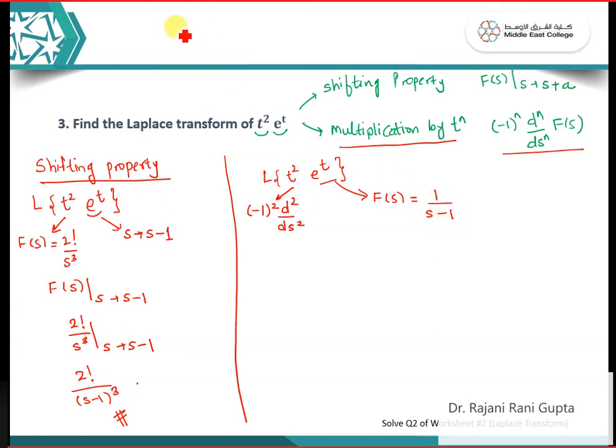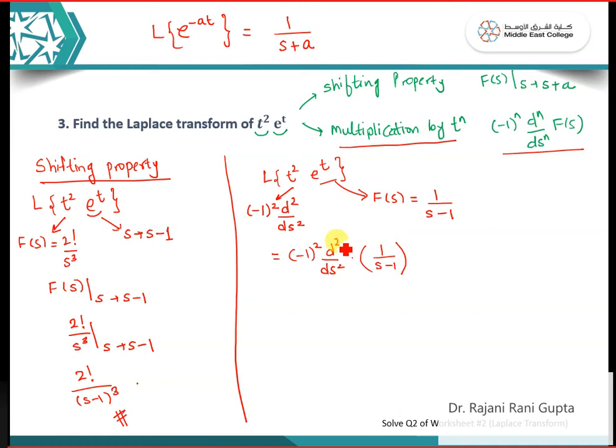How do we get it? Because Laplace transform of e power minus at is 1 over s plus a. Okay, now when you put it in the rule, you have (minus 1) to the power 2 d2 by ds square of 1 over s minus 1.